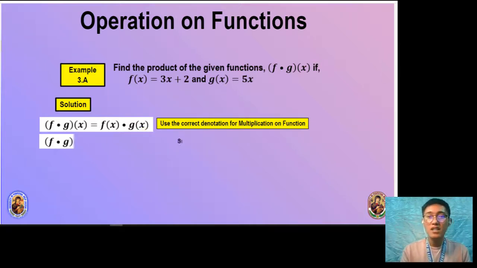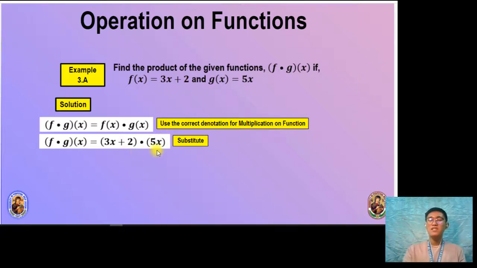Alright, now let's substitute. That would be 3x plus 2 times 5x. After that, it's quite easy now because if you want to distribute this 5x inside, then you can. So part 2 will be distributed with part 1. This is easier than the previous.